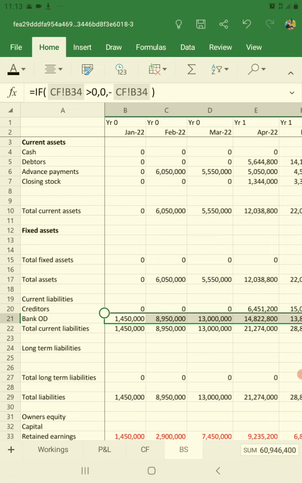It's very simple, as you see. So that way you will manage your exact cash flow requirements and expectations.